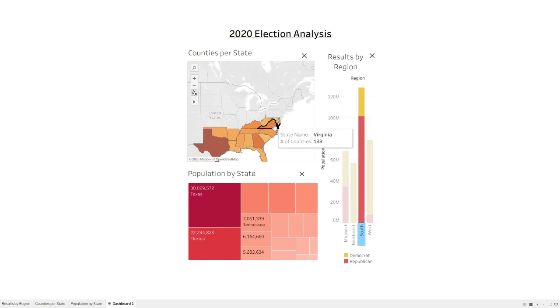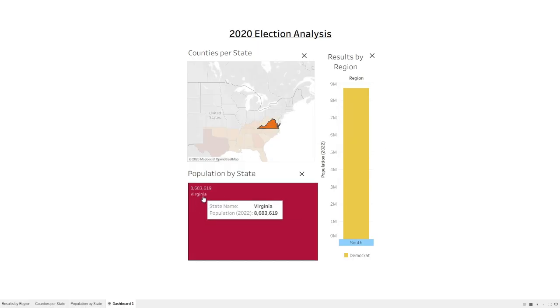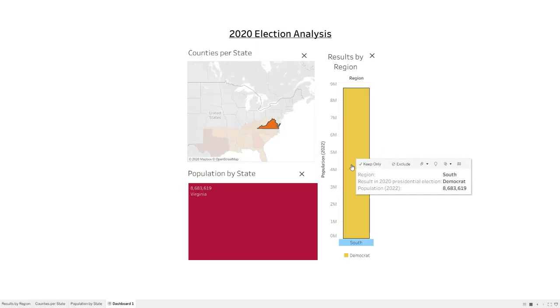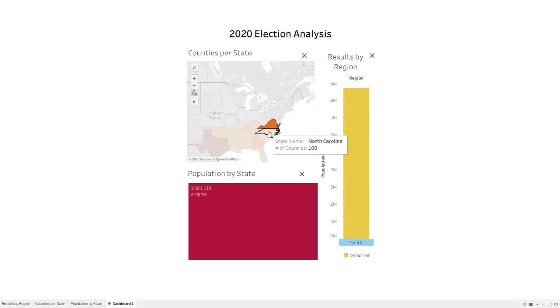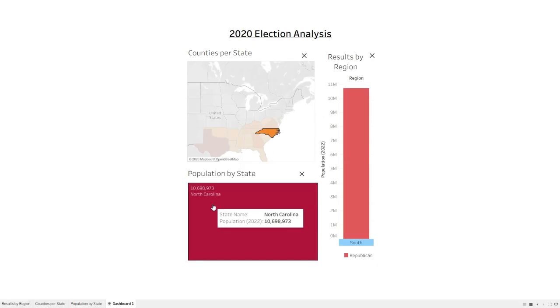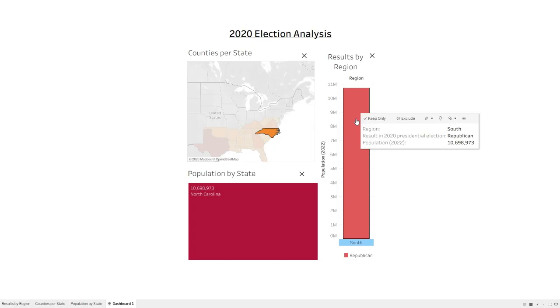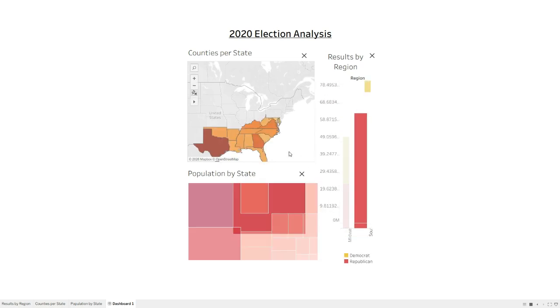If we select Virginia, we can see its population, the counties it contains, and that it voted Democratic in the 2020 election. But if we select Virginia's southern neighbor, North Carolina, we find that the two states are similar in population and counties. However, North Carolina differs in that it voted Republican. This distinction becomes much easier to identify using the dashboard's filtering capabilities.